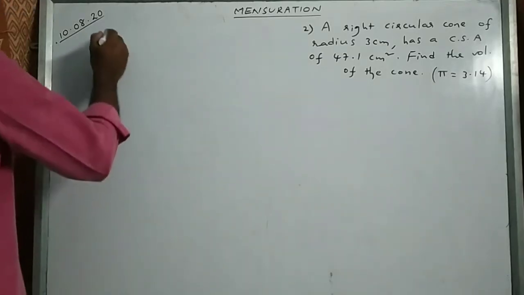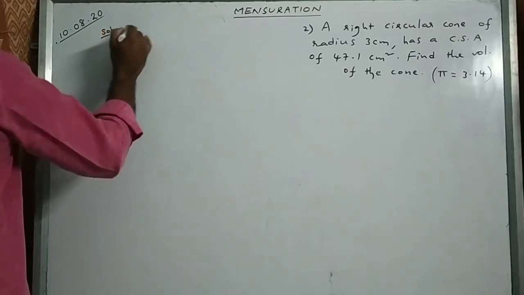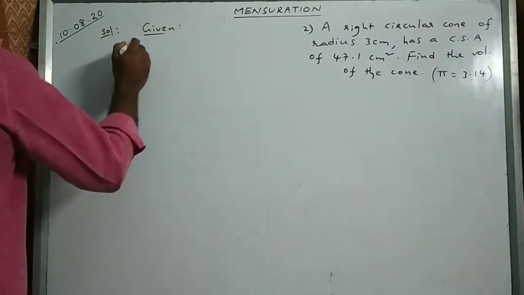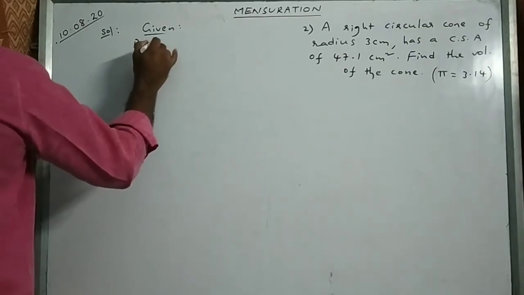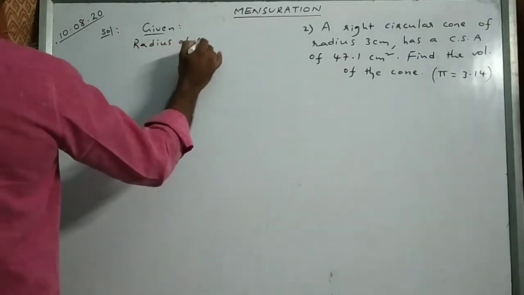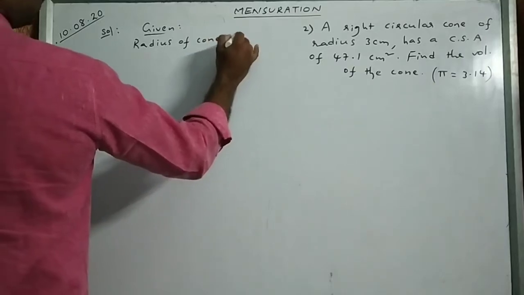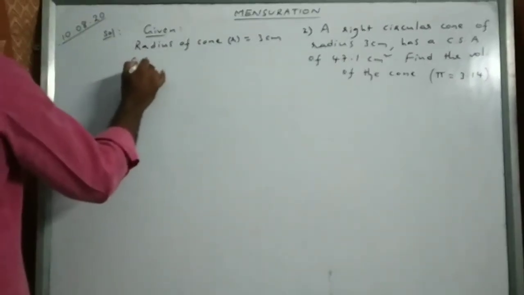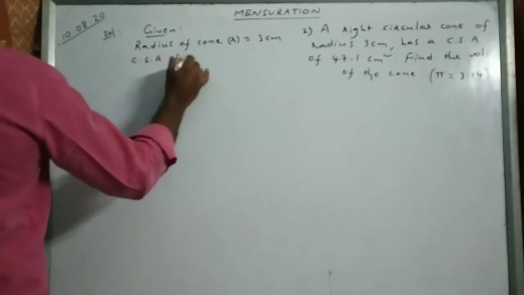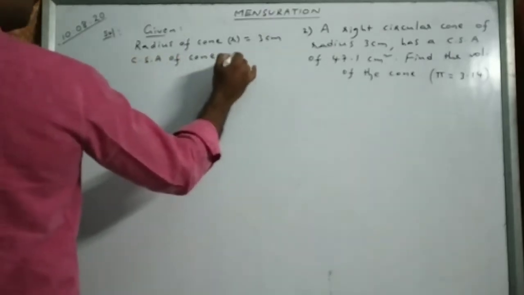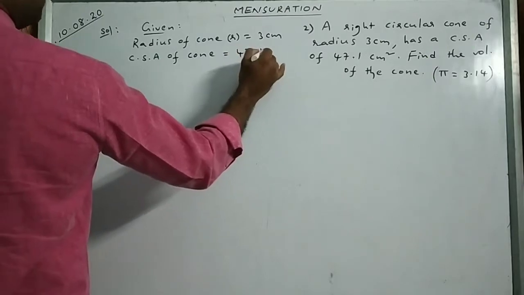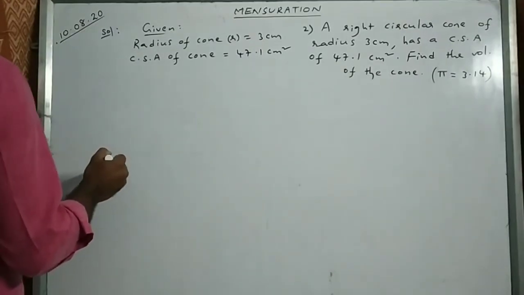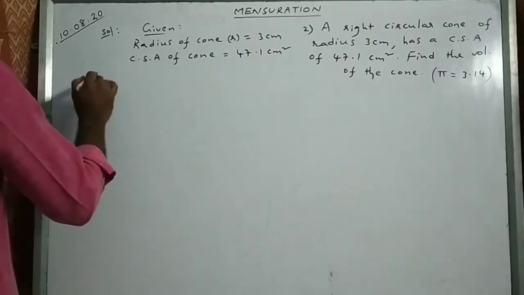A right circular cone of radius, the radius of cone and the CSA of cone 47.1 square cm. But we know curved surface area of cone formula pi RL.